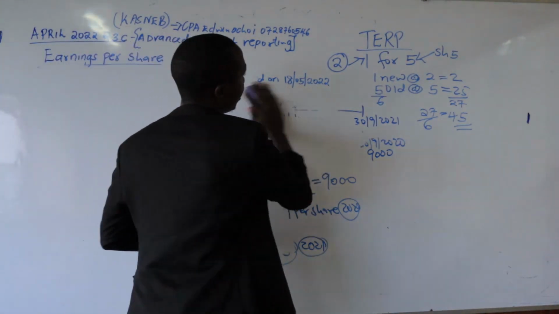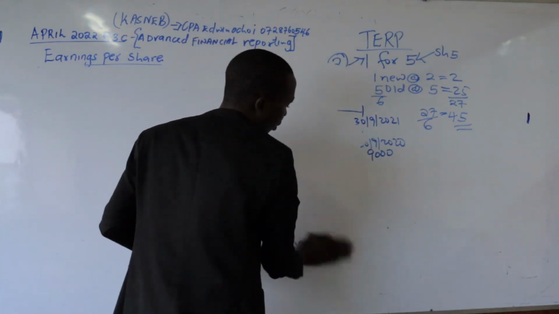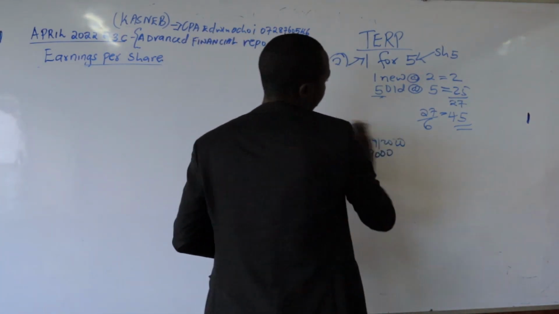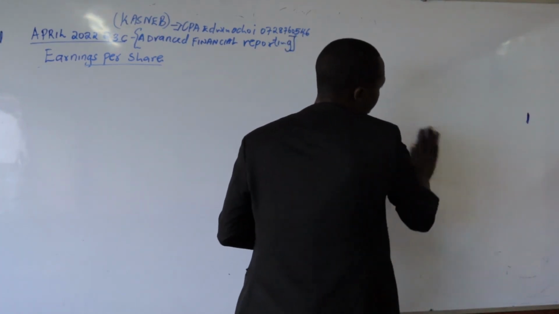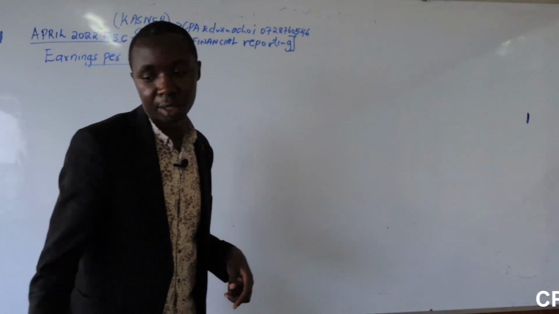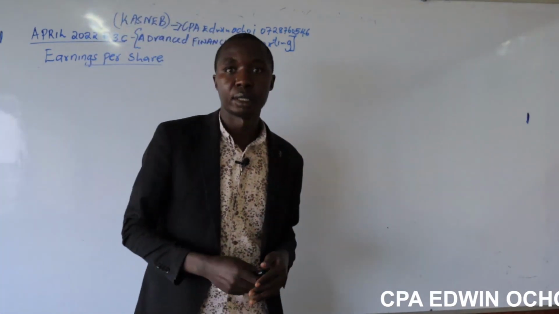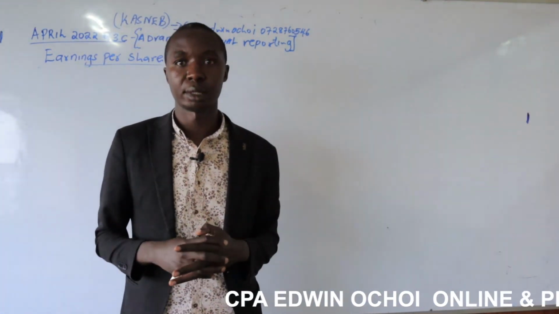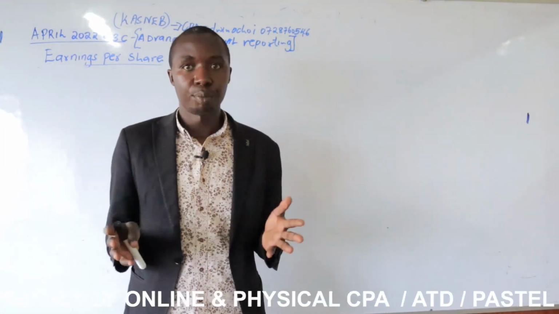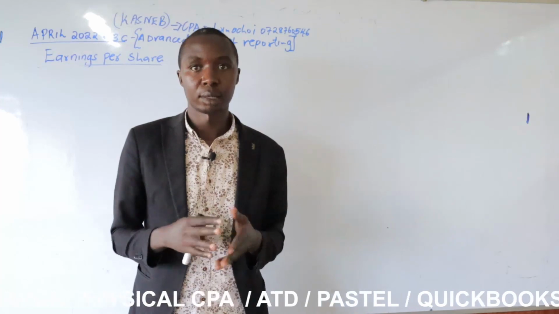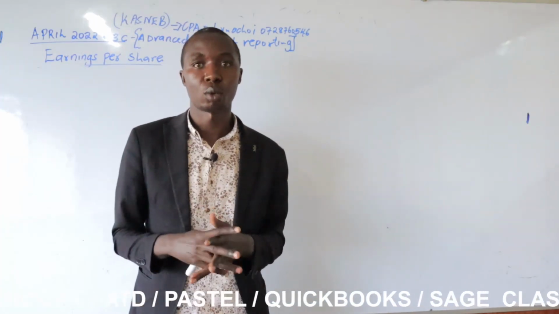The first step is you do the basic, which was our requirement number 1. When asked about the diluted EPS, the examiner will obviously ask you to do the basic first. Already we know our basic EPS for the year ended 30th September 2021 was 1.25.